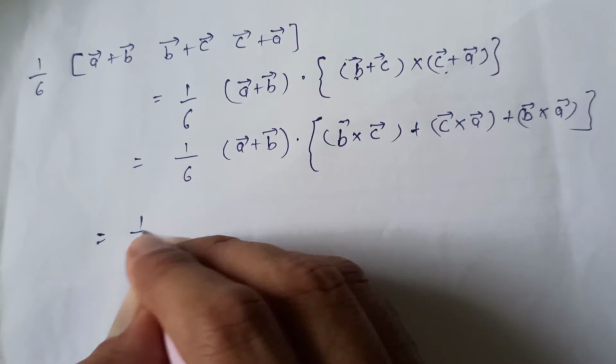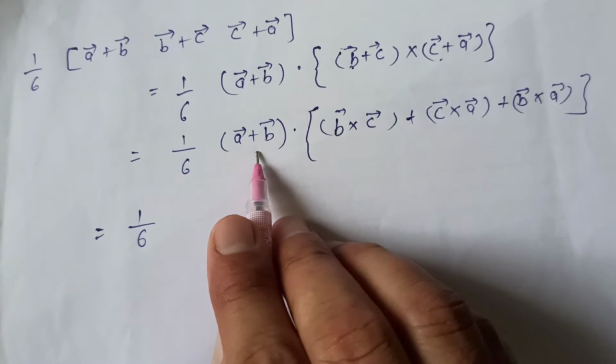That will be 1 by 6. Dot is distributive over plus.